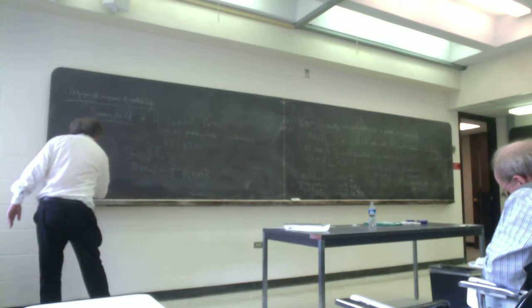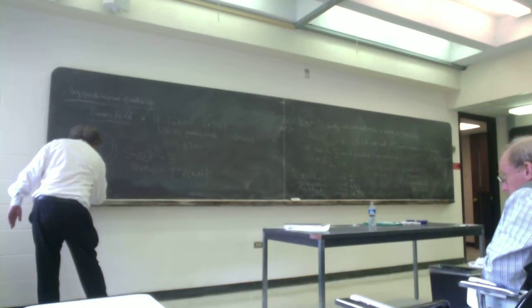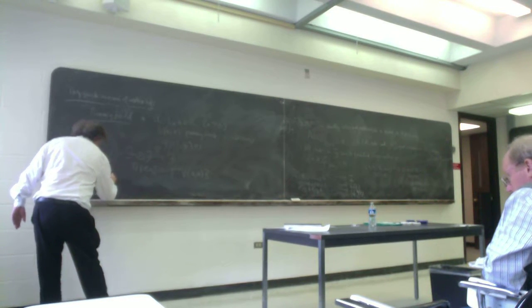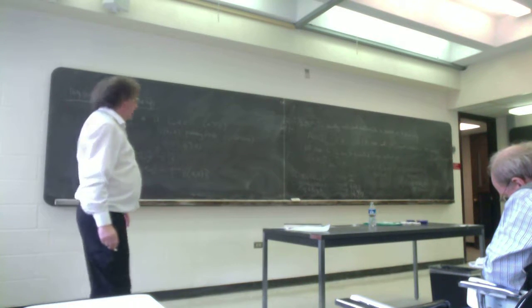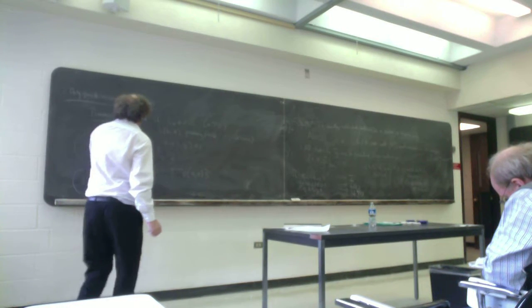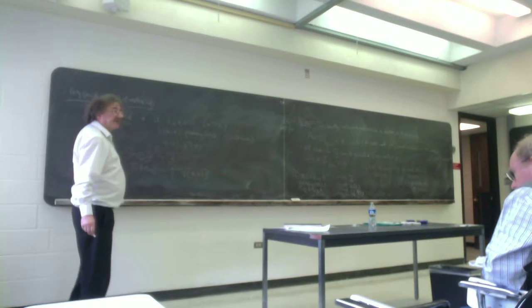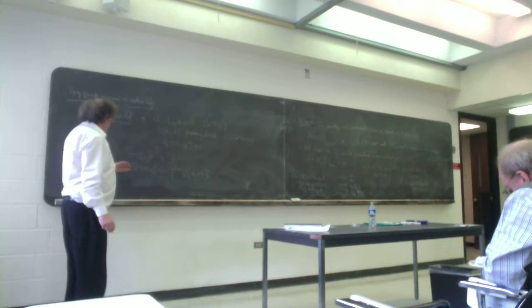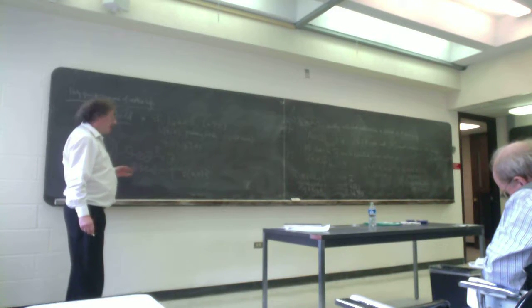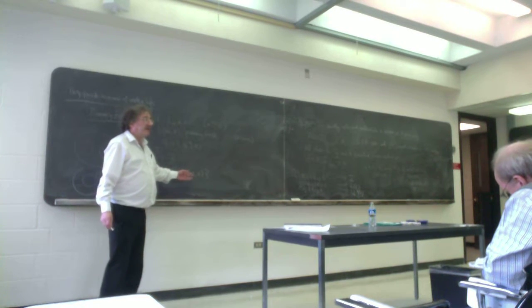So I'll move the circles so that Z is here, and there'll be another Q to the L0 in there, which I've omitted. So this operator, which was defined using analysis, is essentially this vertex operator.